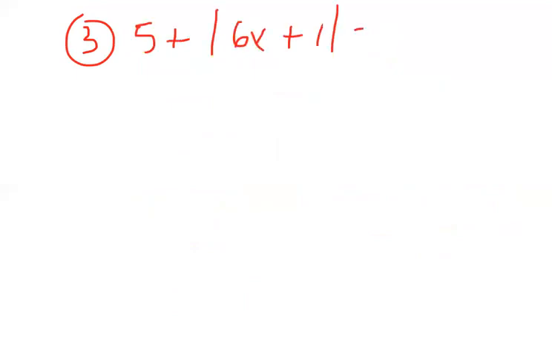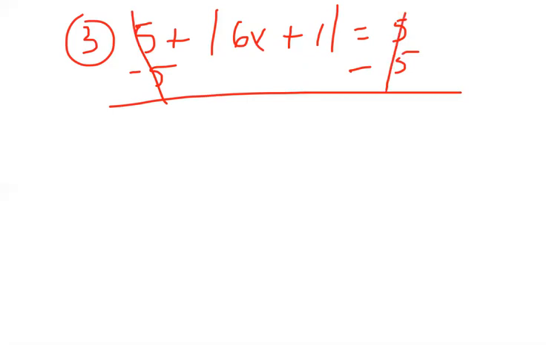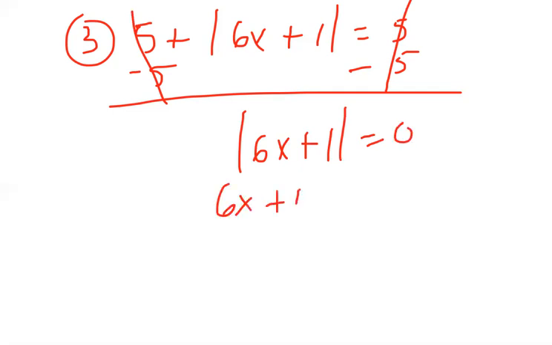Now, let's be careful. Just because you're consistently having 2 solutions doesn't mean that it's always going to be 2 solutions. So look at number 3 right here, guys. 5 plus the absolute value of 6x plus 1 is equal to 5. If you subtract 5 from both sides to isolate the absolute value, this cancels out, leaving you with the absolute value of 6x plus 1 is equal to 0. Now, remember earlier I mentioned when the absolute value is equal to 0, that just means you're going to have 1 solution.